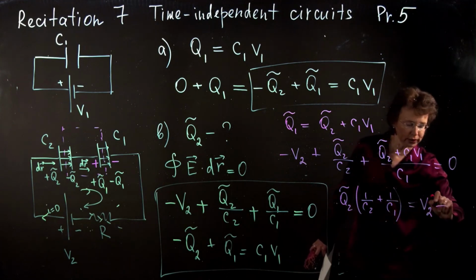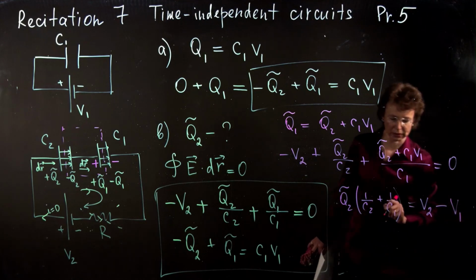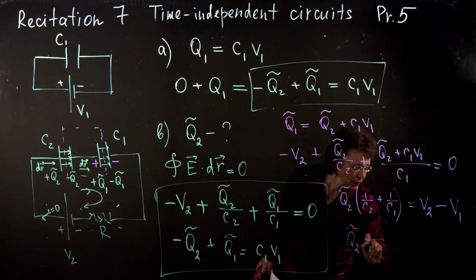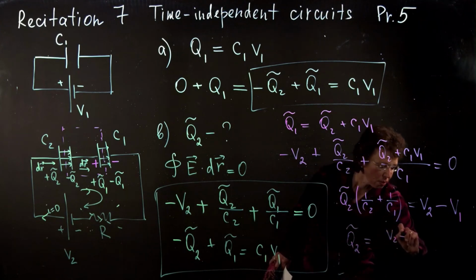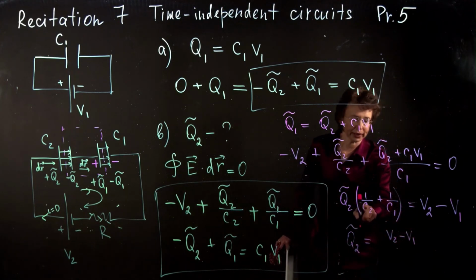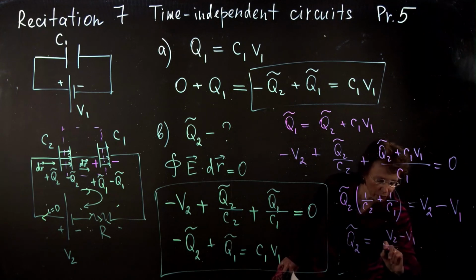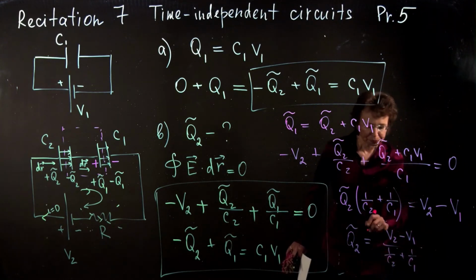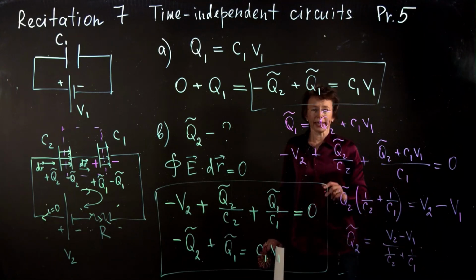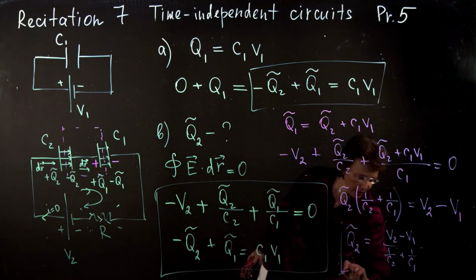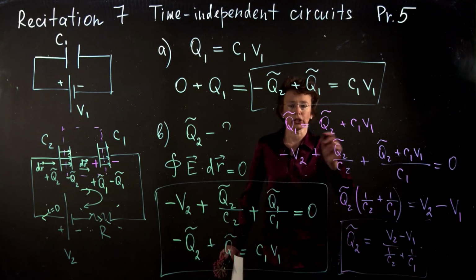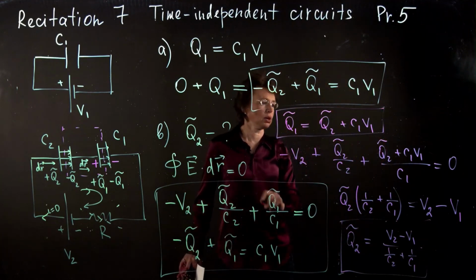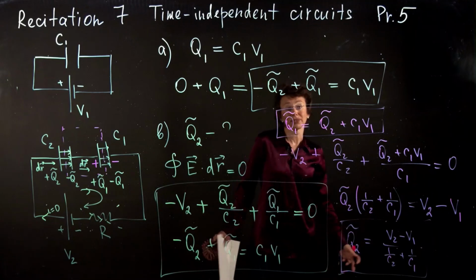C1 over C1 is 1, so it is V2 minus V1. Wonderful. So what is Q2 tilde now? It is equal to V2 minus V1, and then I divide by 1 over C2 plus 1 over C1. This is the answer for Q2 tilde. And Q1 tilde is Q2 tilde plus C1 V1. We solved the problem.